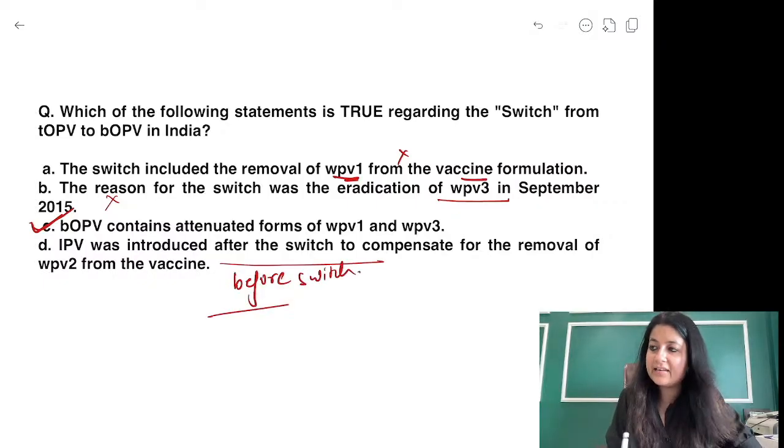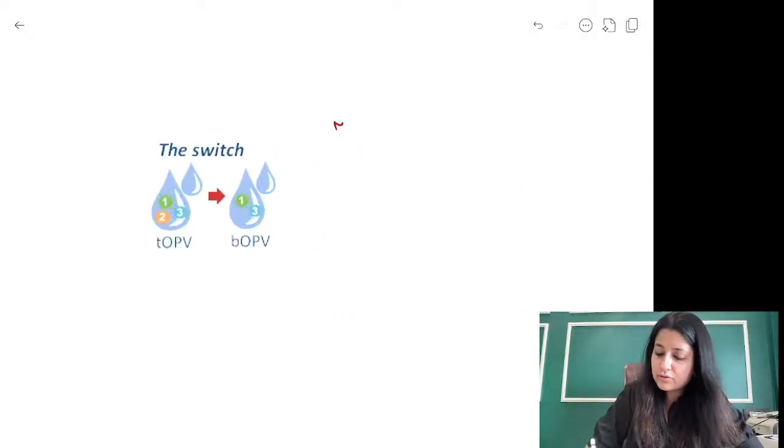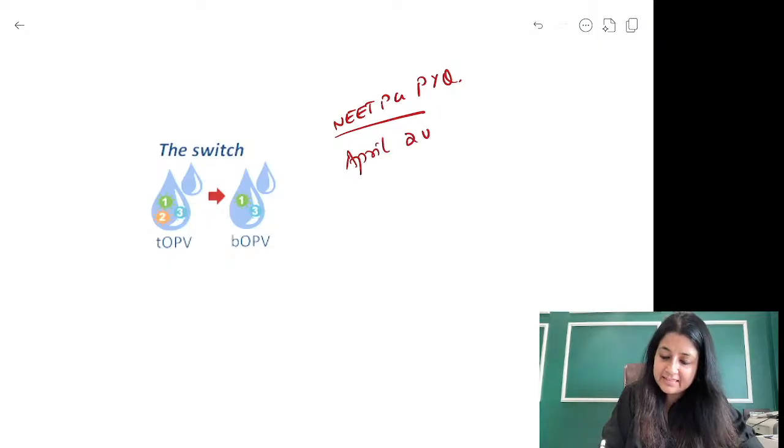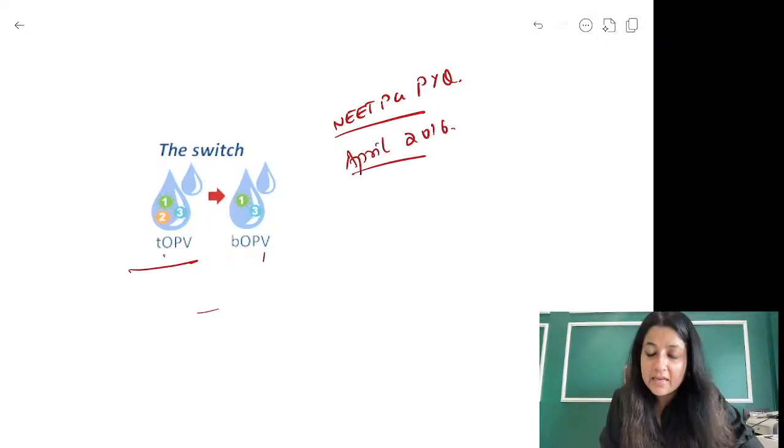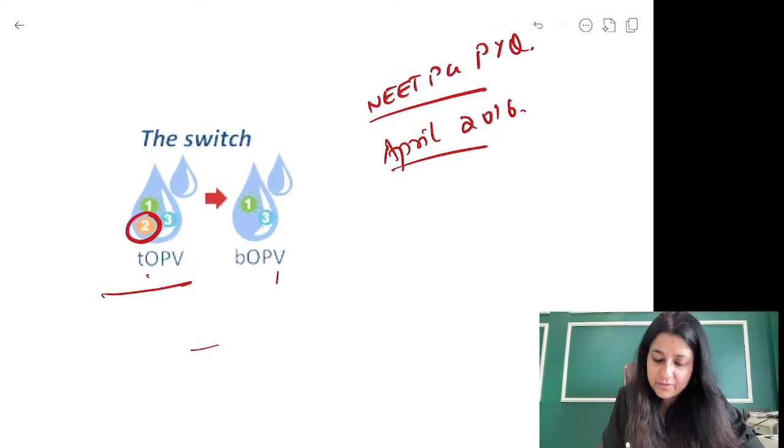This is a little technical question which you should read and understand. See, this is the photo of switch. This is a NEETPG PYQ. We switched from April 2016. एक switch propose किया गया trivalent से bivalent. Now which component have we removed? Type 2.